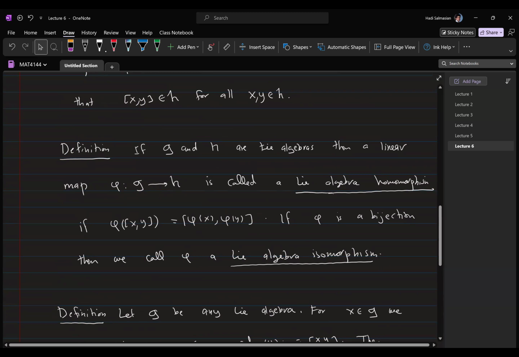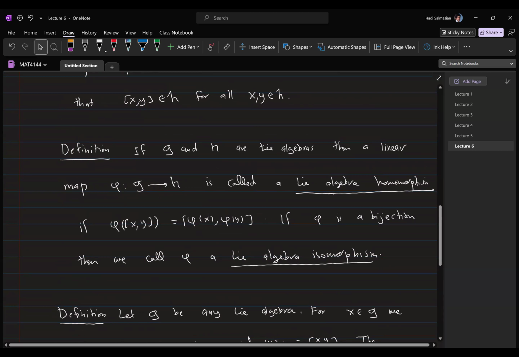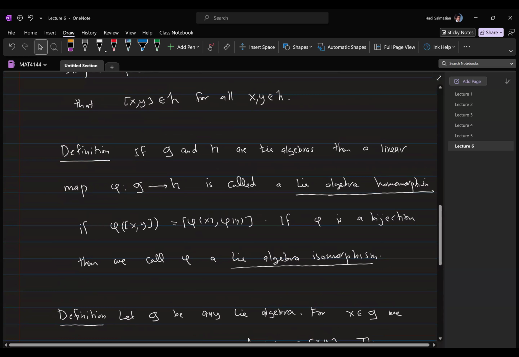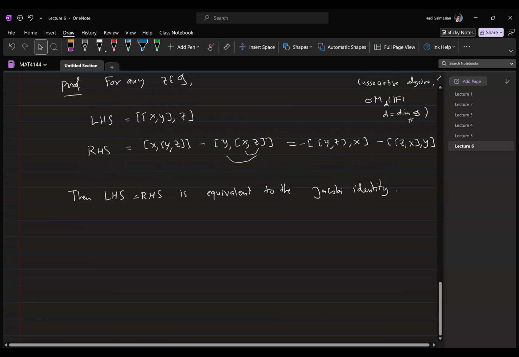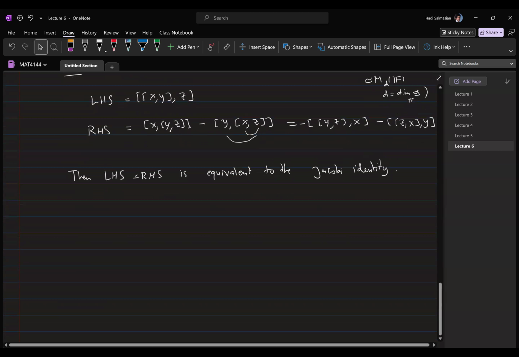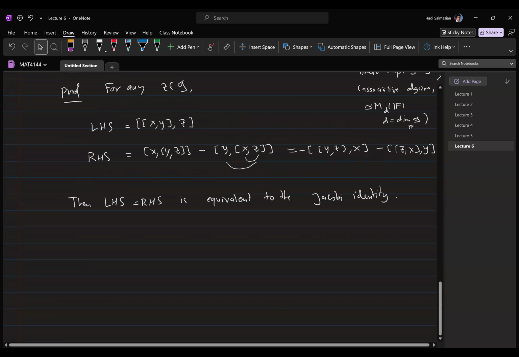Any complex Lie algebra is also a real Lie algebra because any complex vector space is also a real vector space, but not the other way around. So sometimes we talk about complex Lie algebras, sometimes real Lie algebras, and also complex Lie groups and real Lie groups. We will make that distinction, what we mean by complex Lie group, a bit later. Okay.